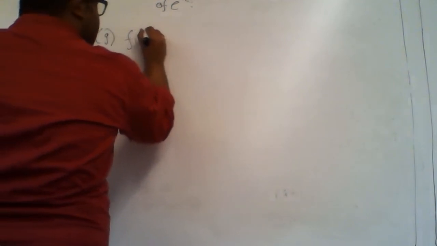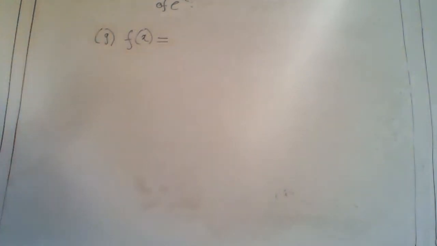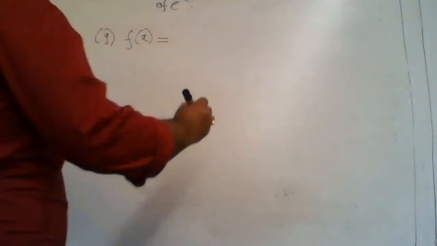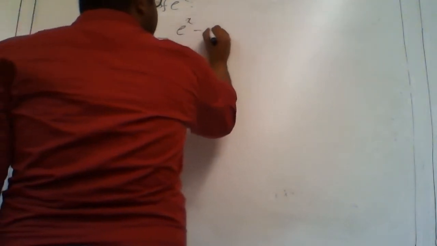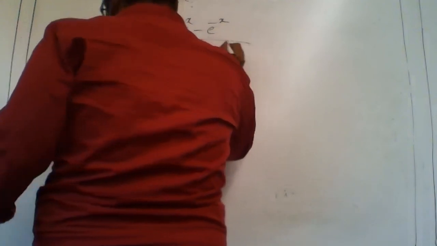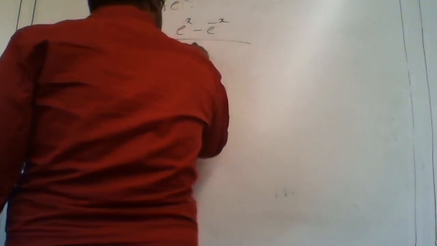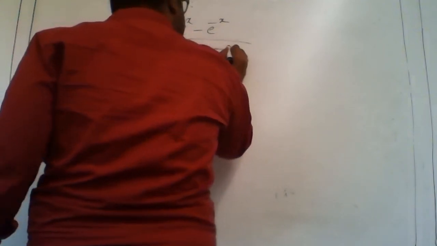f(x) equals (e to the power x minus e to the power minus x) divided by (e to the power x plus e to the power minus x).